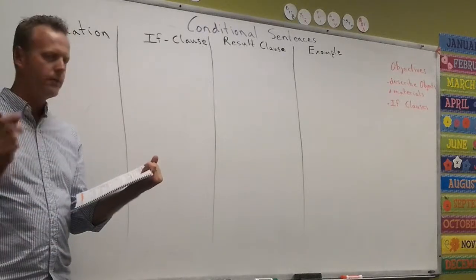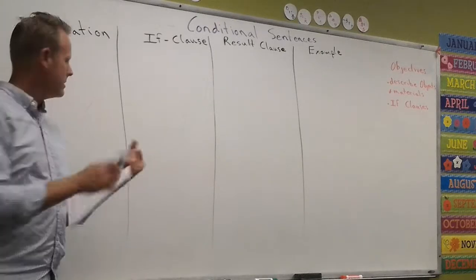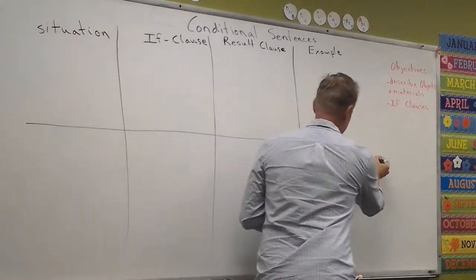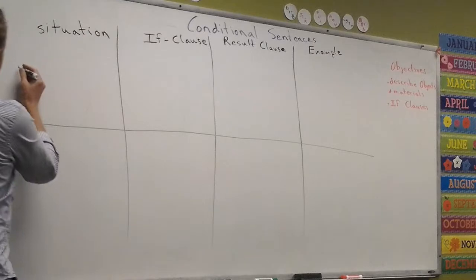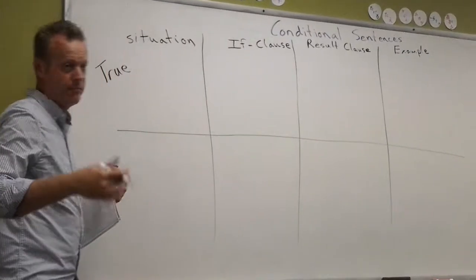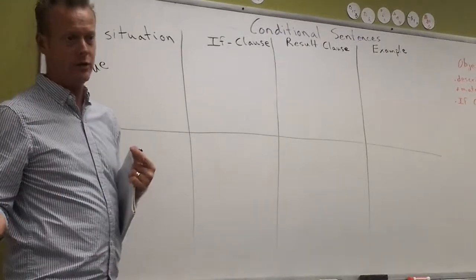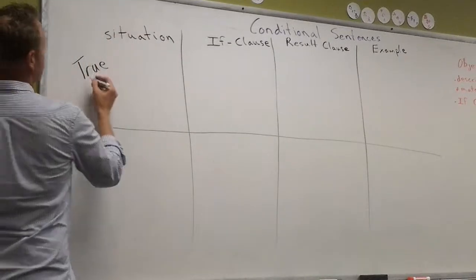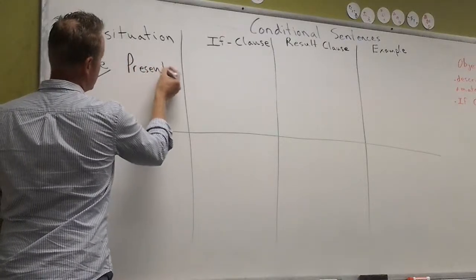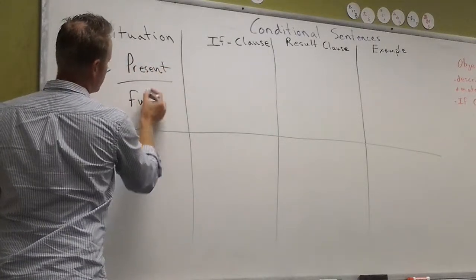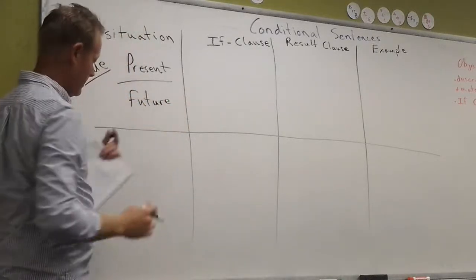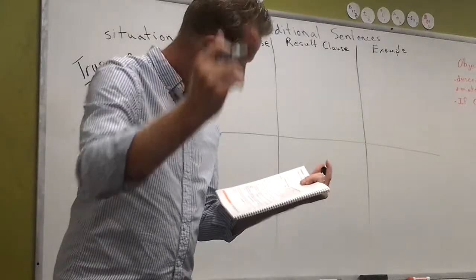We're going to look at true in the present or future. That's the first condition. I'm just going to draw a big line right here, okay? It's a true situation, right? You can have a fake situation. This is a true situation, and it can either be in the present or the future verb tense or time. The second type is the one below.